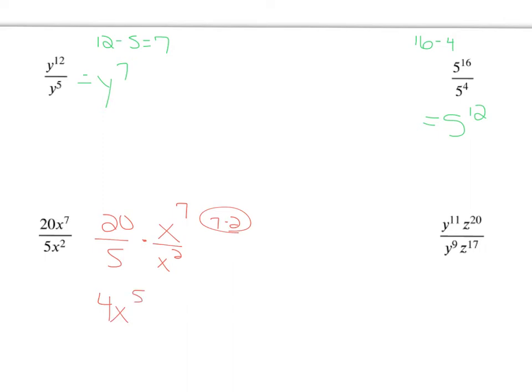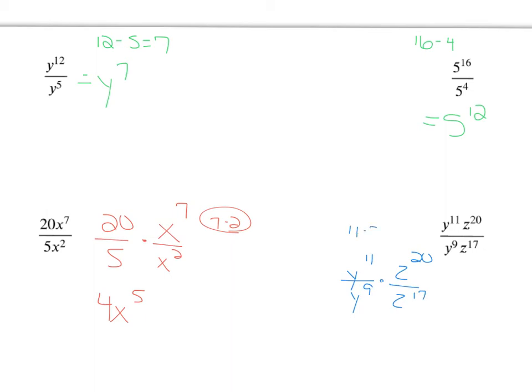Okay? Now, what if I've got more than one variable? Same thing. Y to the 11th, z to the 20th. We would not want to write that all out. Divided by y to the 9th, z to the 17th. Well, we're going to split that up. We're going to do y to the 11th over y to the 9th times z to the 20th over z to the 17th.